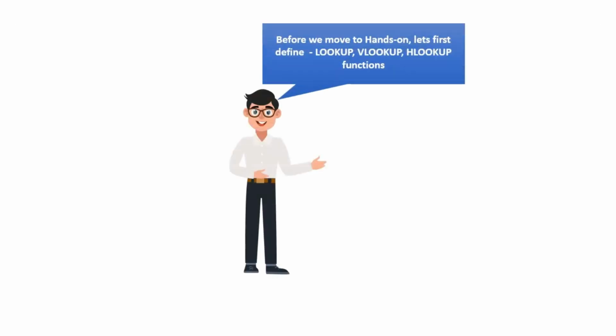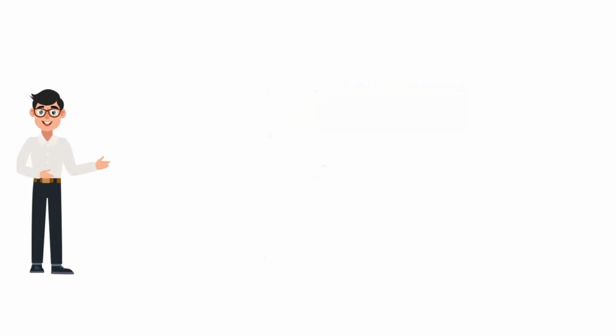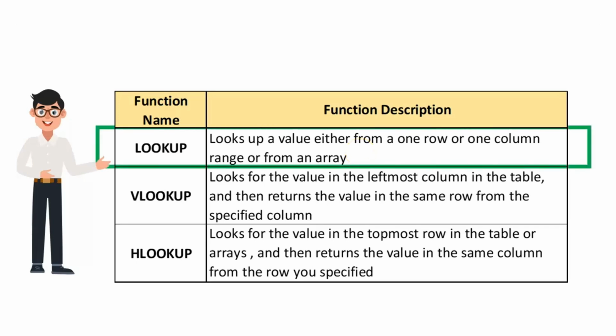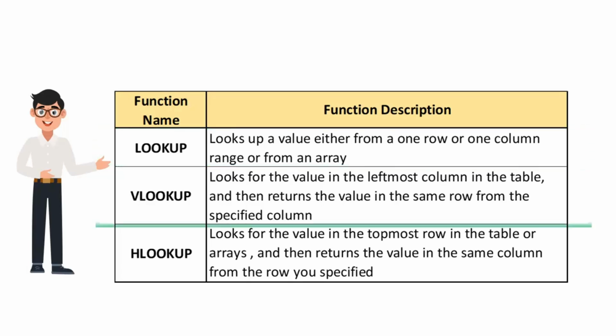Before we move to our Excel sheet, let's first go through the definition of these functions that we will be using in this session. Starting with the function LOOKUP. It looks up a value either from one row or from one column range or from an array. Next is VLOOKUP.